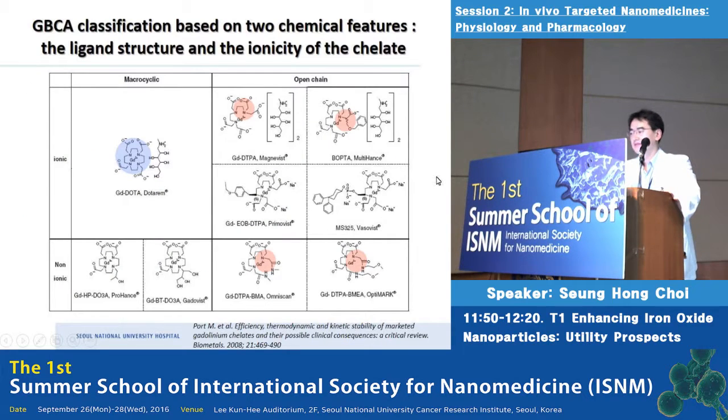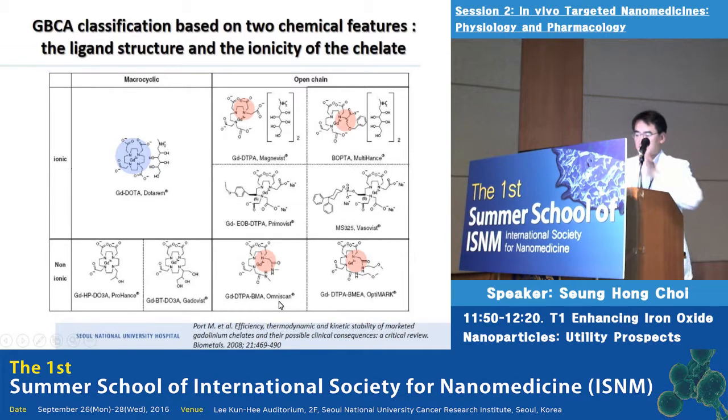In terms of classification of gadolinium-based contrast agents, there are several methods, but the most common classification is according to structure. They include macrocyclic and open chain, linear. Open chain means linear agents. Usually, macrocyclic agents are more stable than the linear agents. Stability means the dissociation of the gadolinium itself from the chelates.